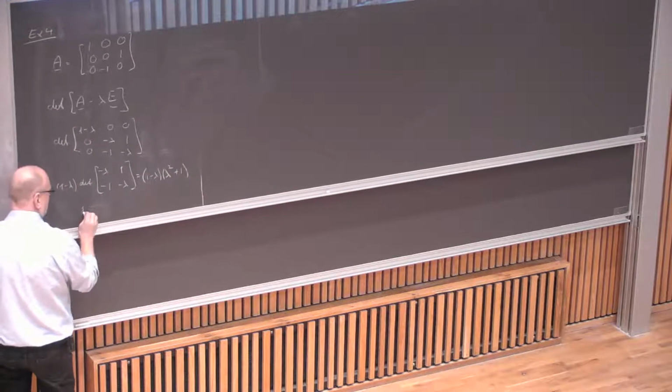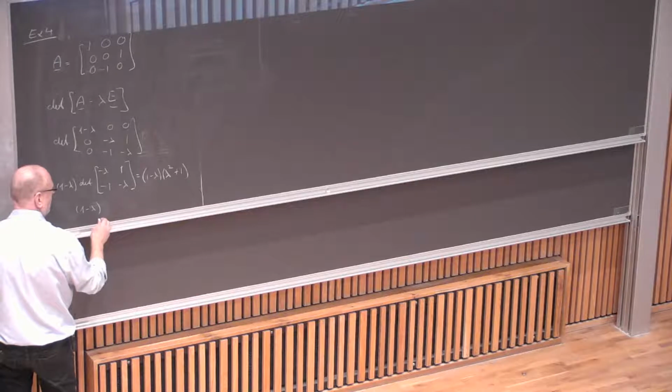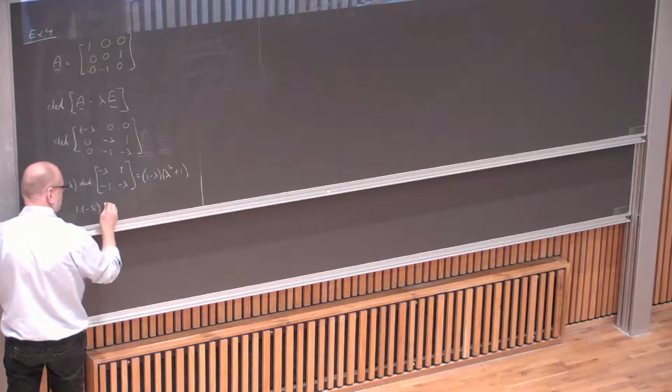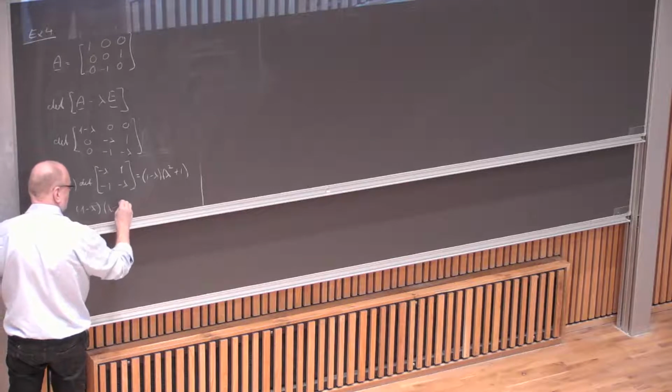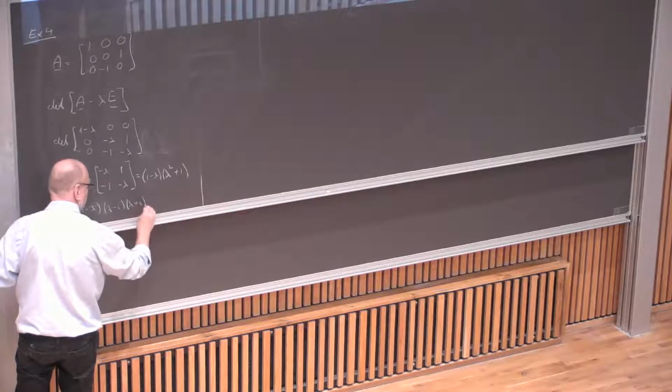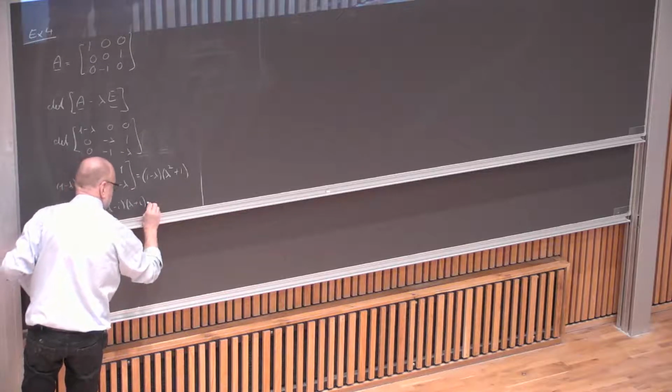And here the roots are plus i and minus i, so you have lambda minus i and lambda plus i as a factorization.